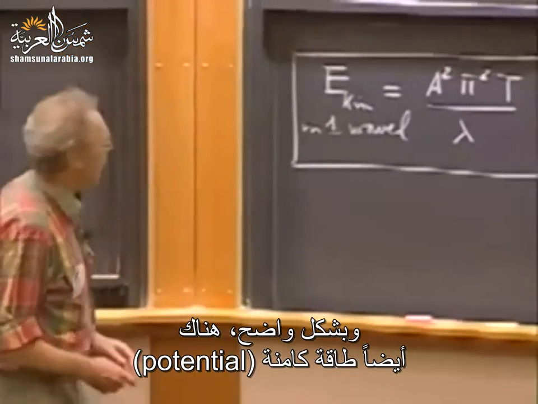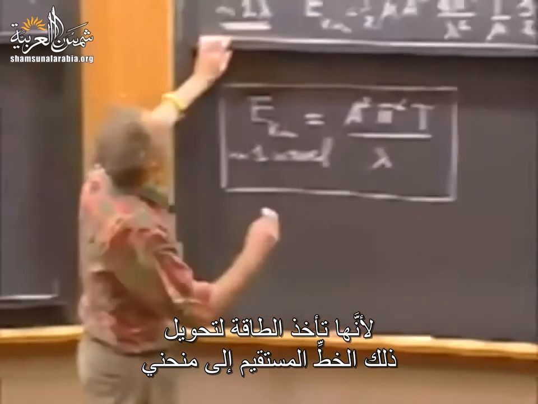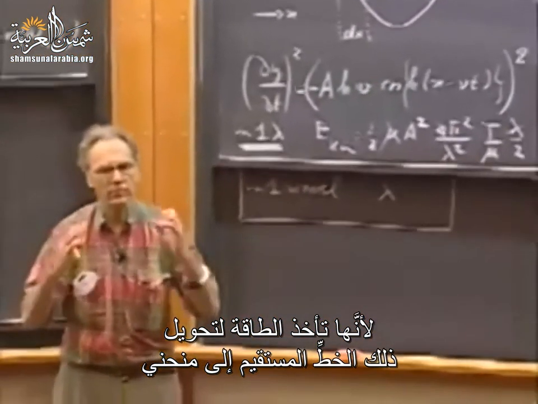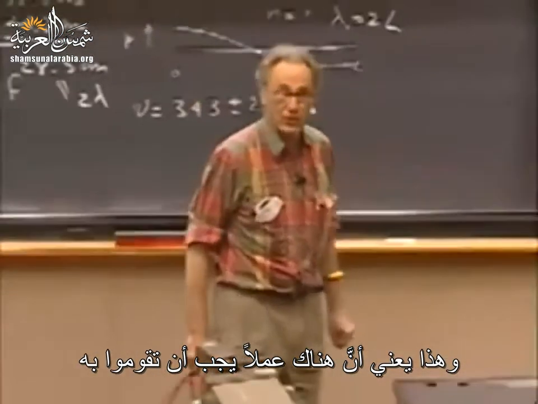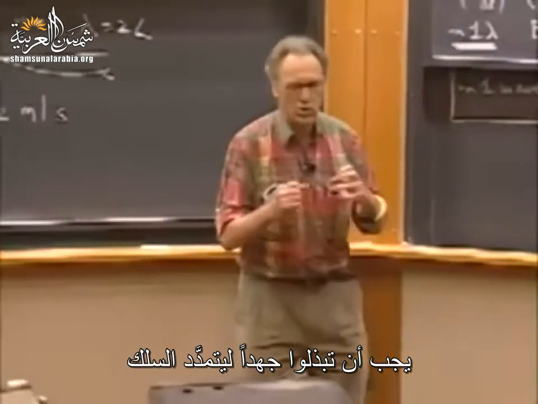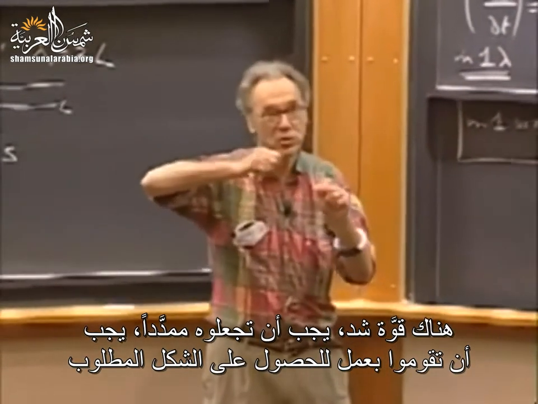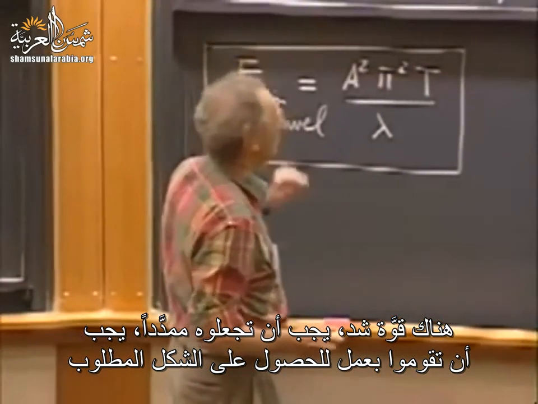Now clearly, there is also potential energy, because it takes energy to make that straight line into a curve. And that means work that you have to do. You have to stretch it. There's a tension and you have to stretch that. And so you have to do work to just get the shape.